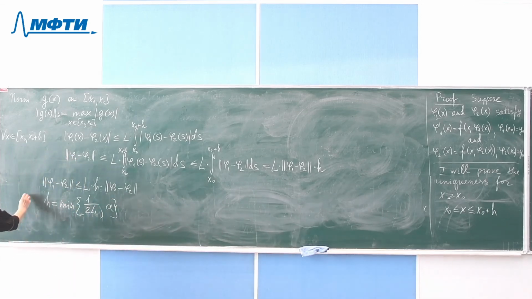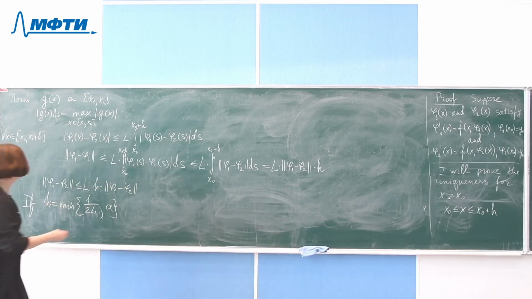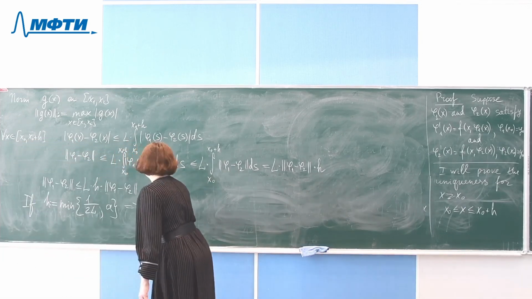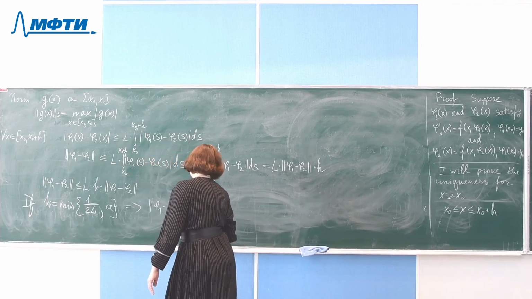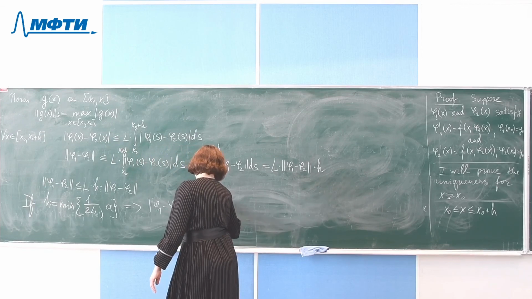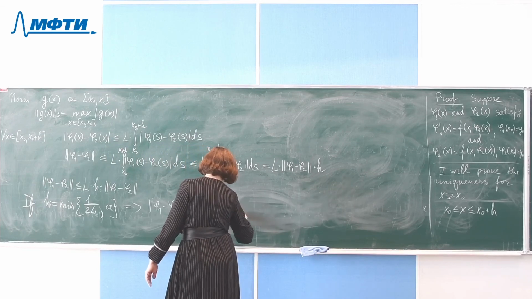If h is equal to the minimum of these two values, then we have the following: the norm of phi1 minus phi2 is less than or equal to 1/2 times the norm of phi1 minus phi2.